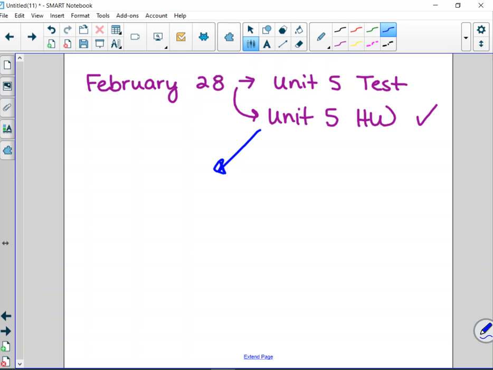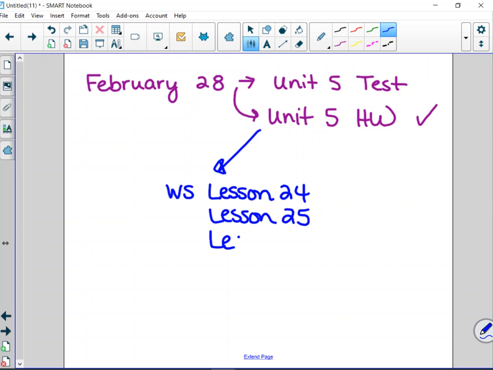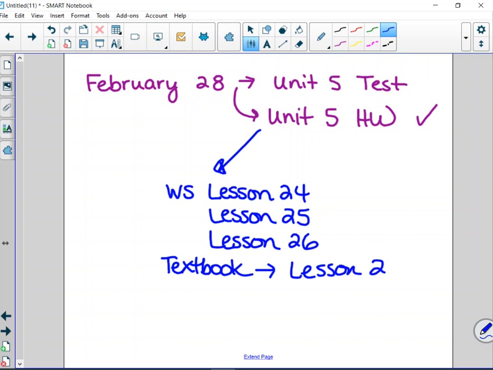And so far in Unit 5, you have worksheets from lessons 24 and 25 and 26. And then textbook work on lesson 27, and I'm about to put in your hand a worksheet for lesson 28.